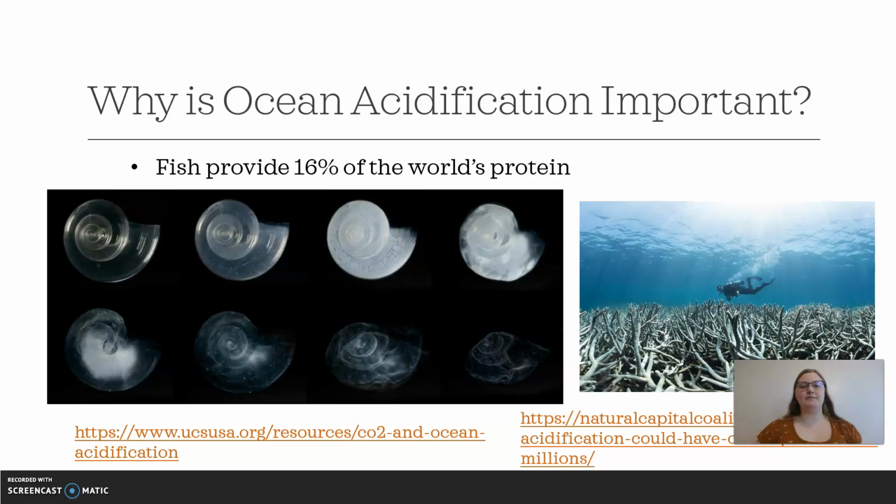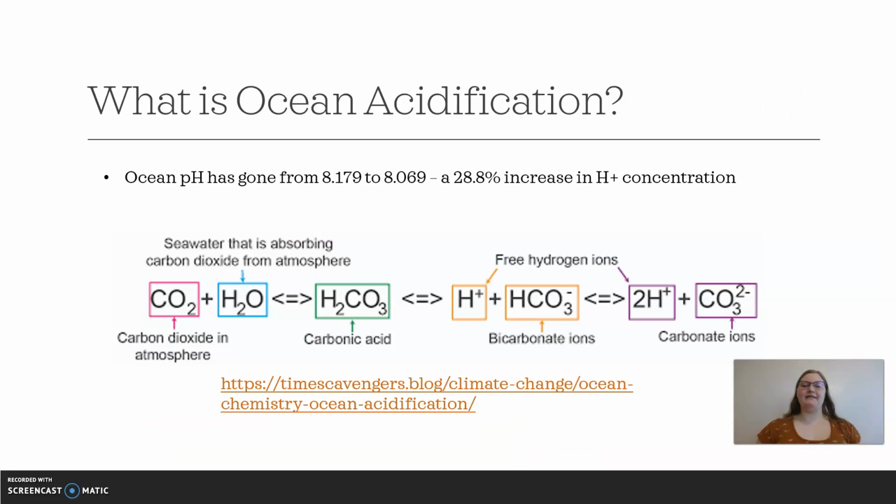As you can see from this shot of shells, you go from a really healthy looking shell to really opaque, and then it just dissolves. And this is what happens with creatures that use calcium carbonate in their shells: the bicarbonate and carbonate balance shown here gets disrupted, and there's much less carbonate in the water.